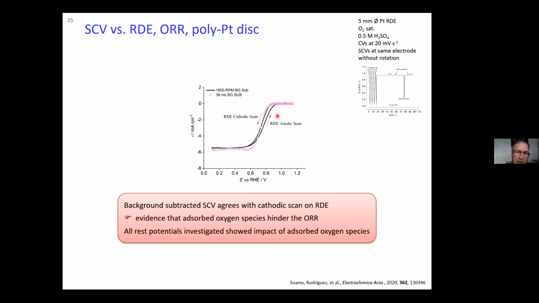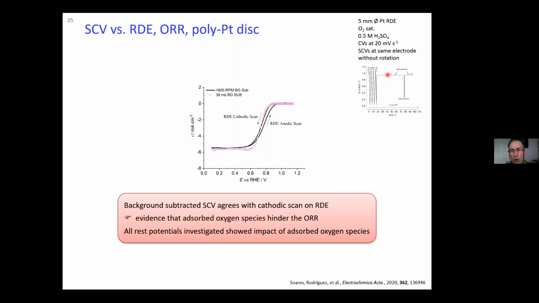This is indicative of the fact that there are remnants of adsorbed oxygen species, despite the fact we've used the conditioning waveform to try and ensure there was as little oxide as possible on the electrode surface. There's probably still a sufficient amount of oxide left, and you can see that the sample current voltammograms are more in line with the cathodic sweep than with the anodic sweep.